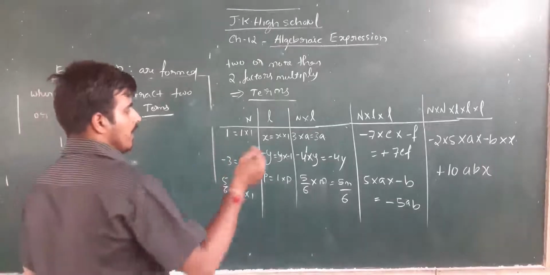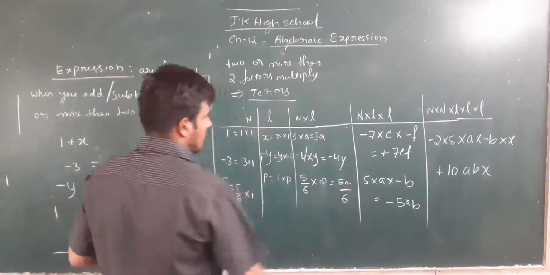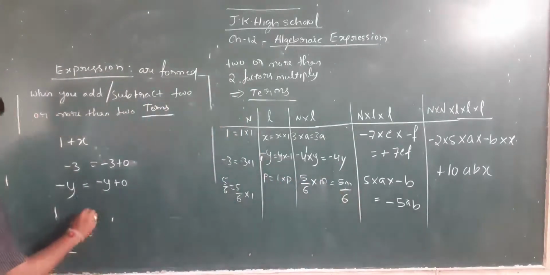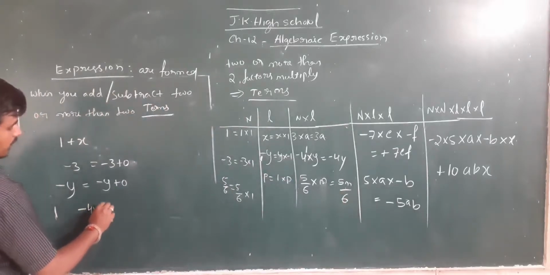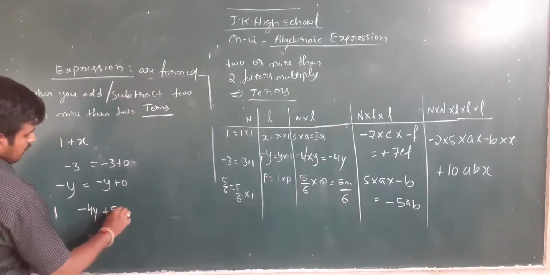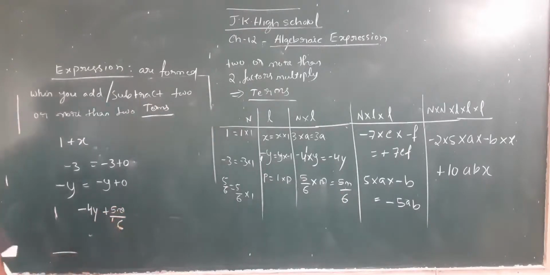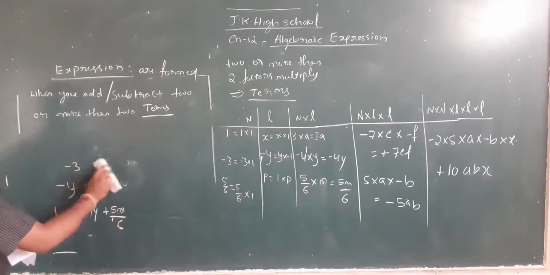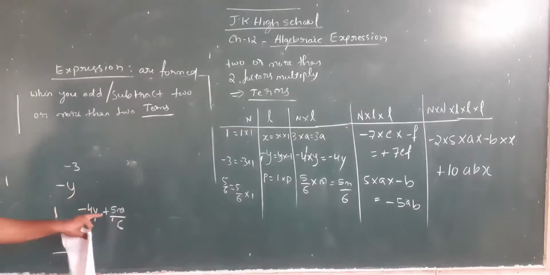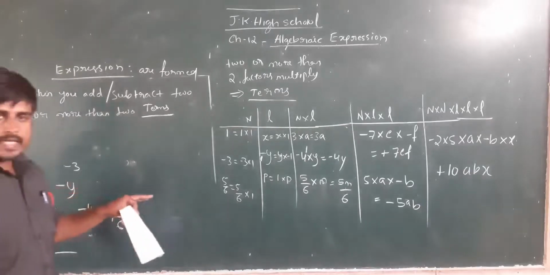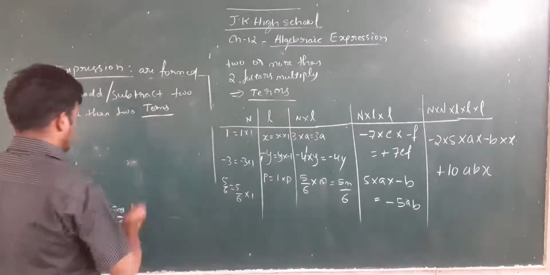Now I will add -4y plus 5m plus 6. If you add two terms, you will get an expression. If you add three terms, then also you will get an expression.